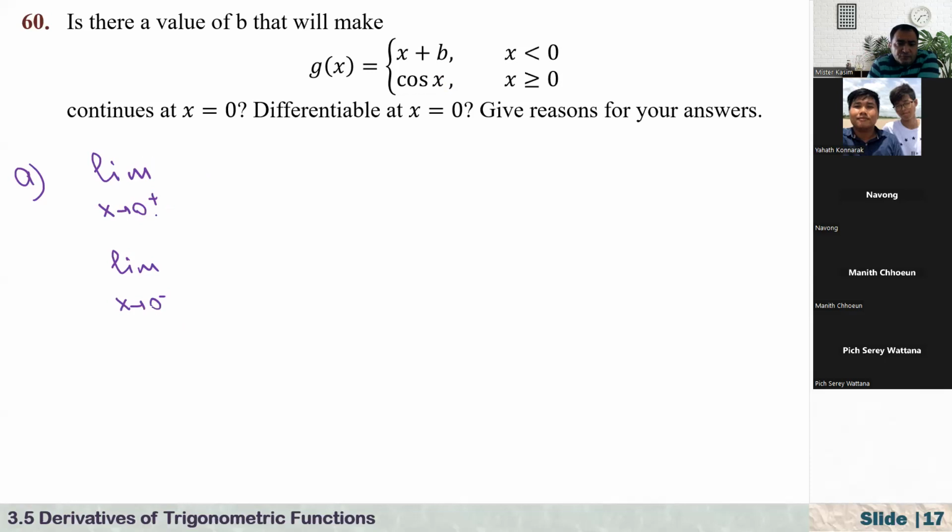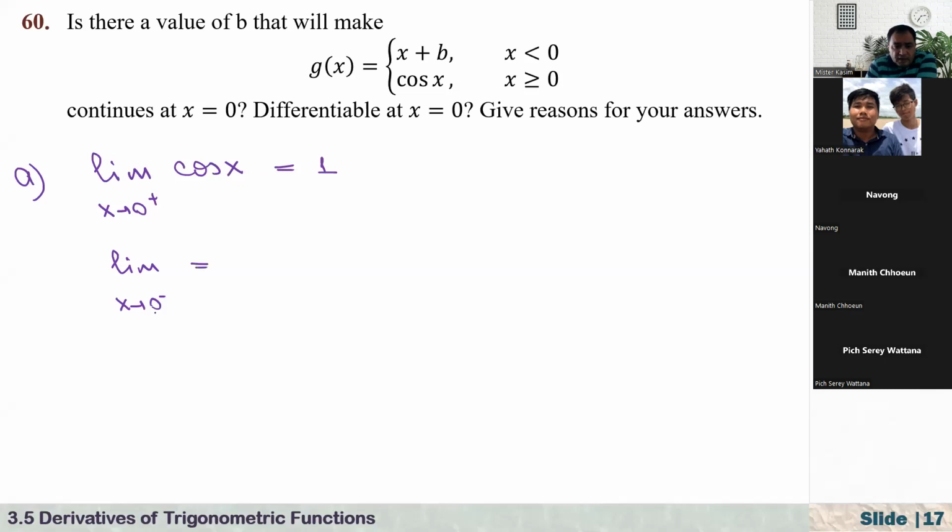First, when x approaches 0 from the right, x is assuming only positive values, and then our function is defined as cosine of x. So this limit is equal to 1.